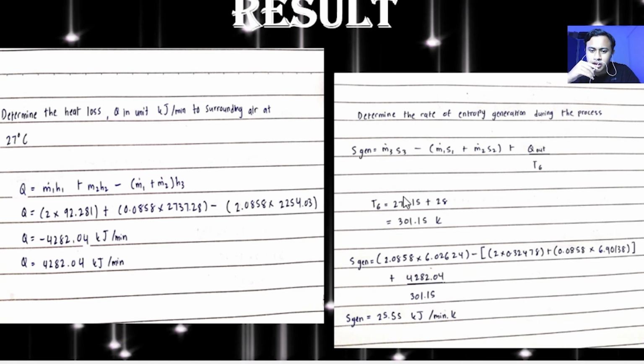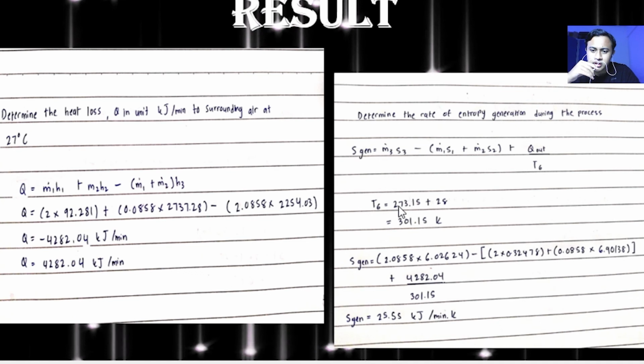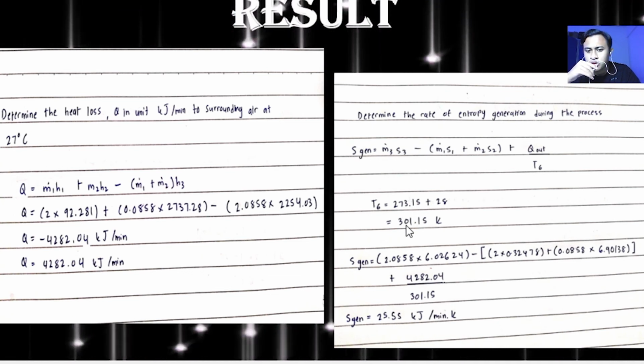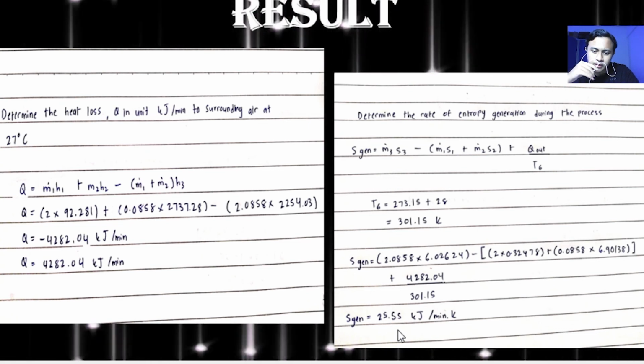T6 we get by converting the temperature of the mixing tank to Kelvin, so we get 301.15 Kelvin. We enter the values and we get 25.55 kilojoule per minute times K.